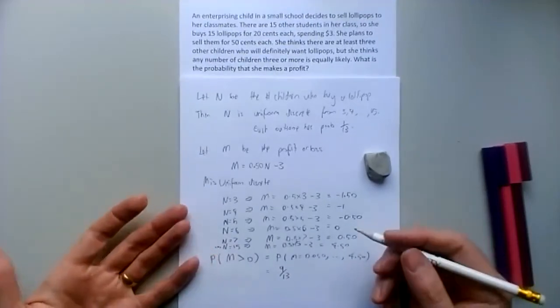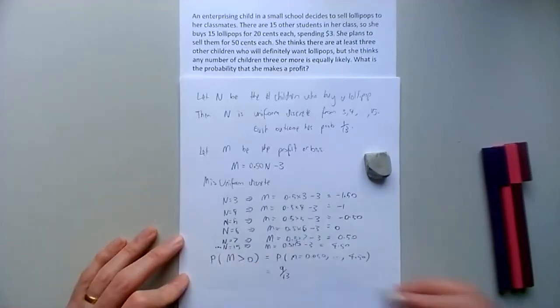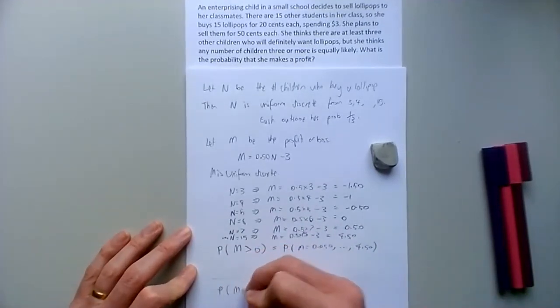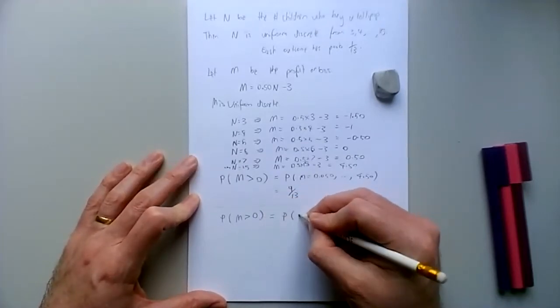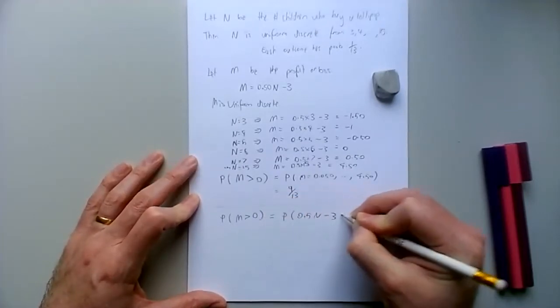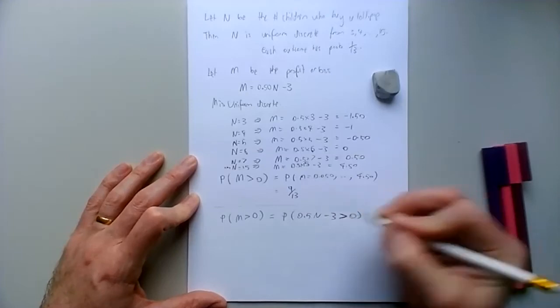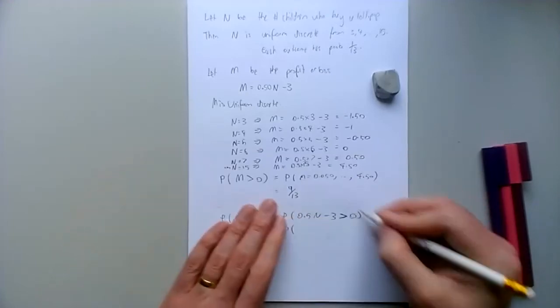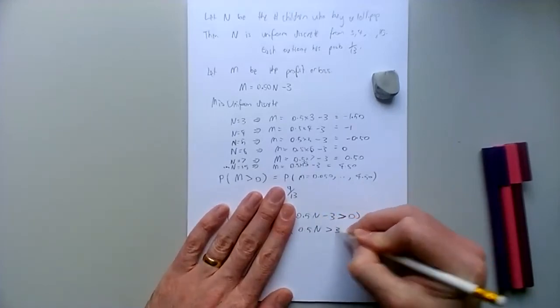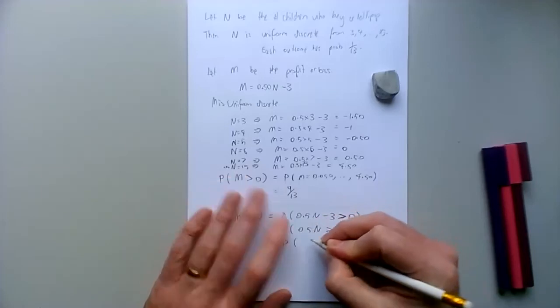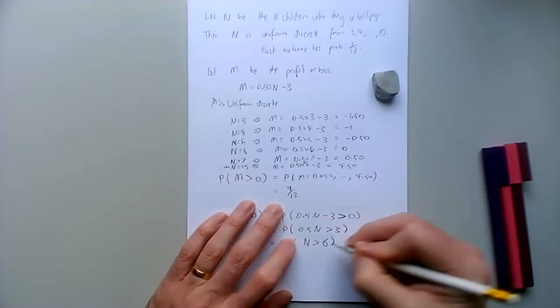I mean, I essentially had to solve an equation there. So I reckon I could have just done this directly like this. The probability that m is greater than 0 is the probability that 0.5n minus 3 is greater than 0, which is, now I can rearrange the inequality in here. 0.5n is greater than 3, divide by 0.5, n is greater than 6.